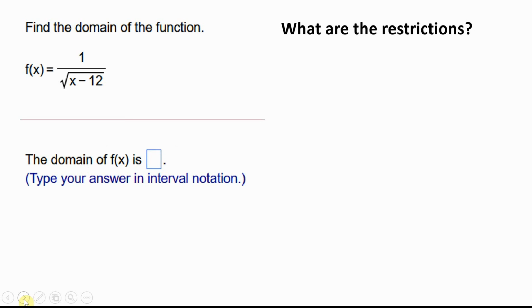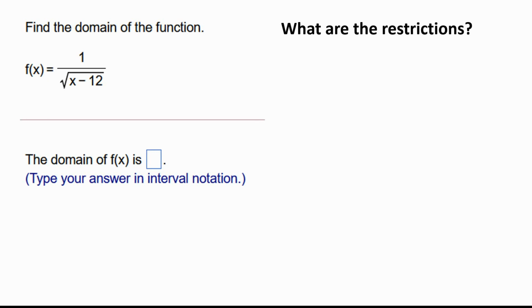All right. What are the restrictions here? And there's 2 of them. What's one of them that you see? It's a radical, right? That means that x minus 12 has to be greater than or equal to 0. What's the other restriction? It's a negative. What's negative? The 12?